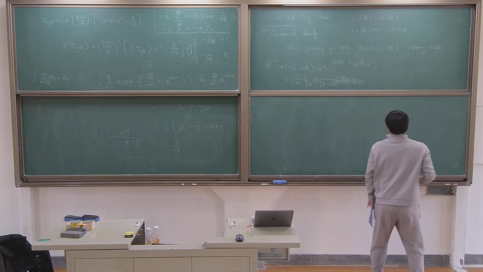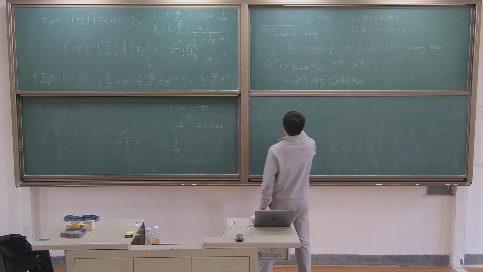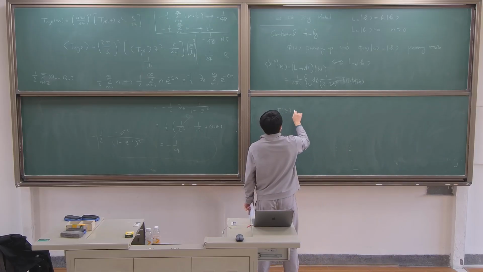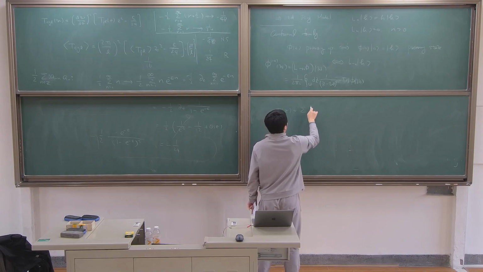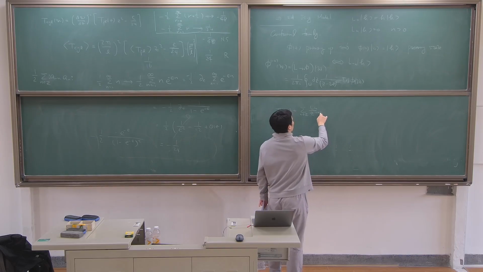When you do the mode expansion, T of z is the sum of Ln over z to the n plus 2.